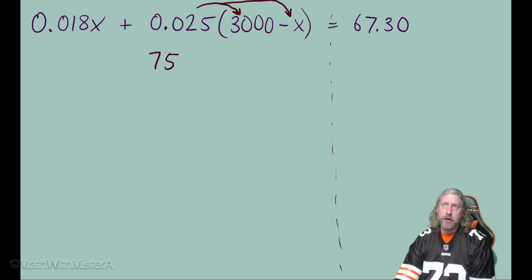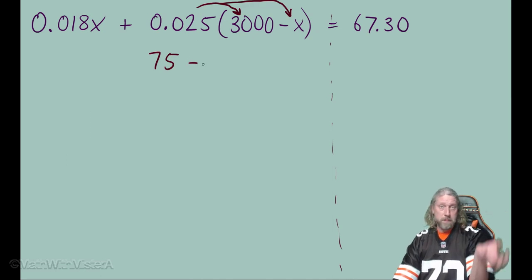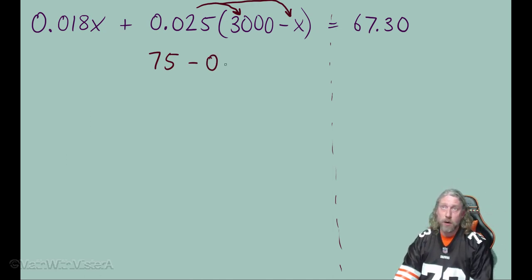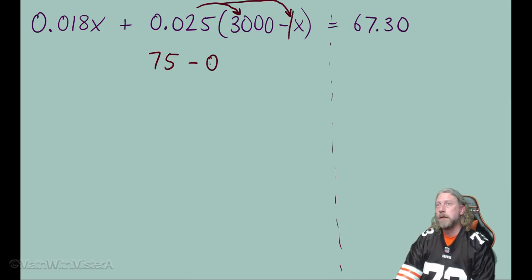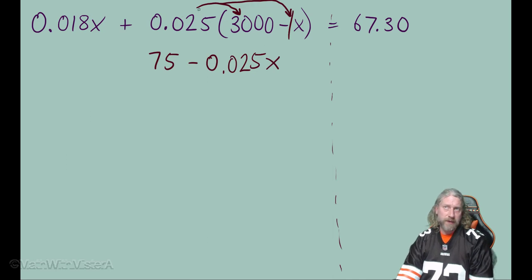And then 0.025 times minus X. So the only thing we can do is just make that 0.025 the coefficient, or think we're multiplying it by -1 for that -1x. So minus 0.025x. And that's what we've got after we've done the distributing for that expression right up there.